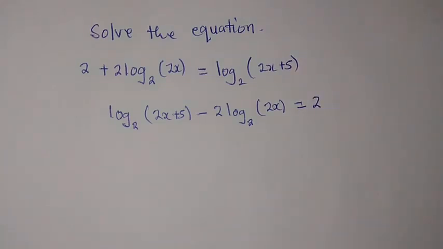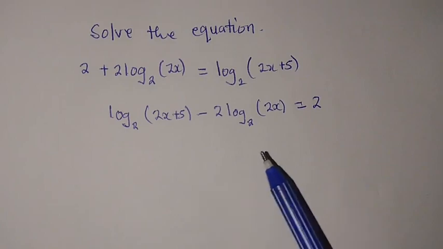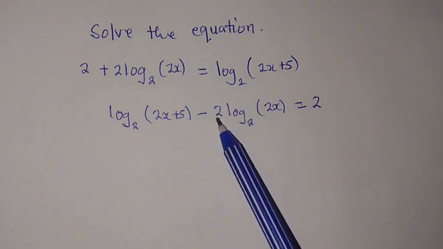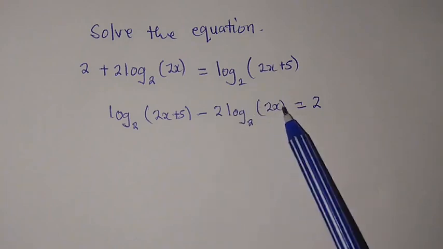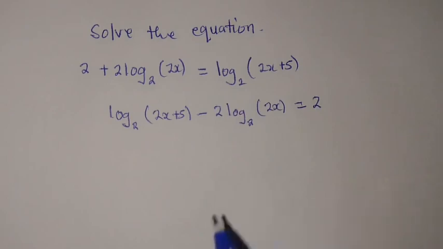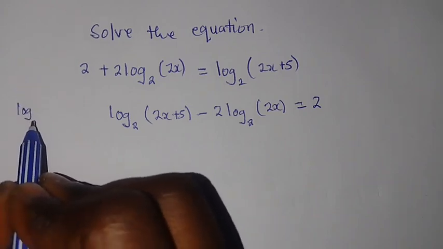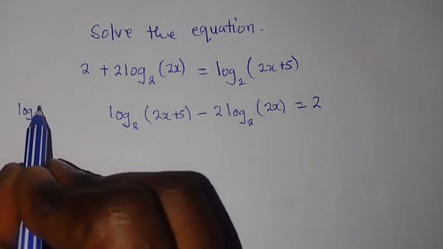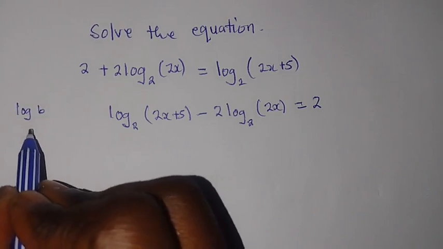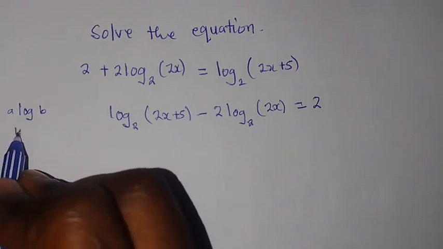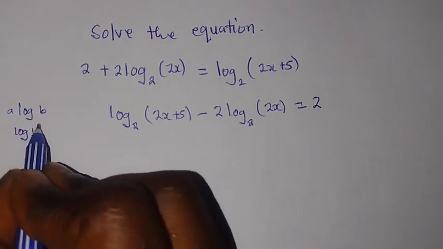Now from this stage, what's next? We look at this: we have a 2 here, then log in base 2, then brackets we have 2x. You agree with me that from one of the properties of logs, if you have a log of b with a in front, this one can be written as log of b to the power a.